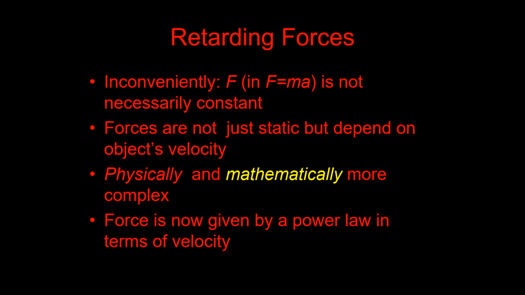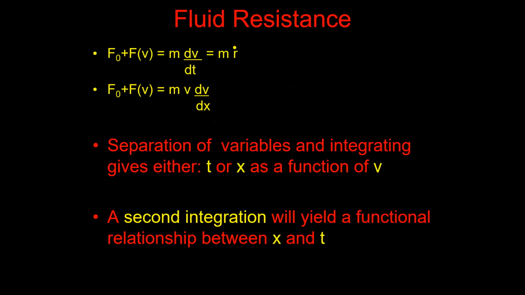So our force is actually given by a power law in terms of our velocity. The faster our object is travelling, the more force it will receive in terms of a resistance force, and that will scale as the velocity to some power n. And this comes from our equations of fluid resistance.